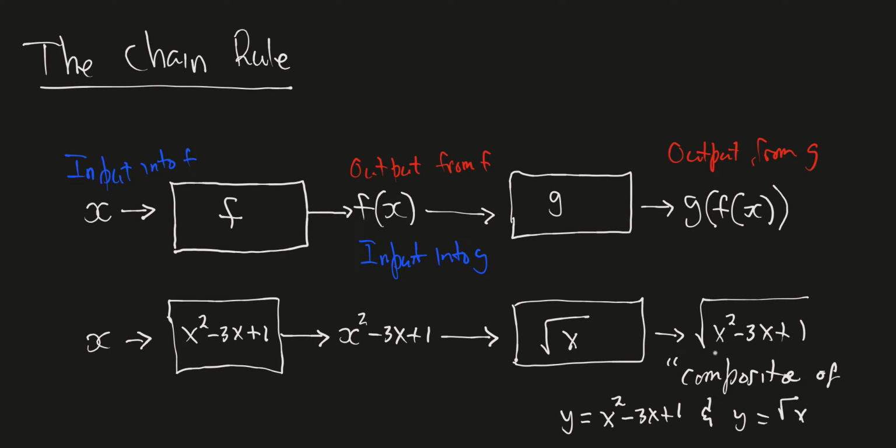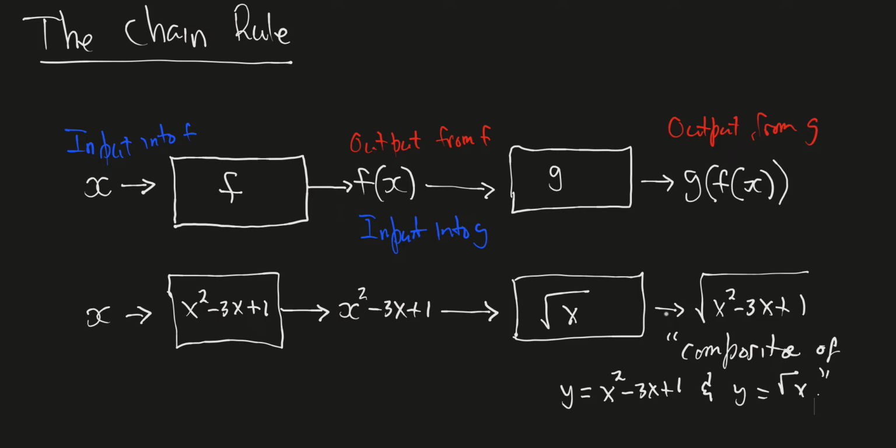So the composite is another way for us to take two functions and create a third, or to take three individual functions and create a fourth, right? And what we want to be able to do is find the derivative of these types of functions, right? And that's where the chain rule comes in.